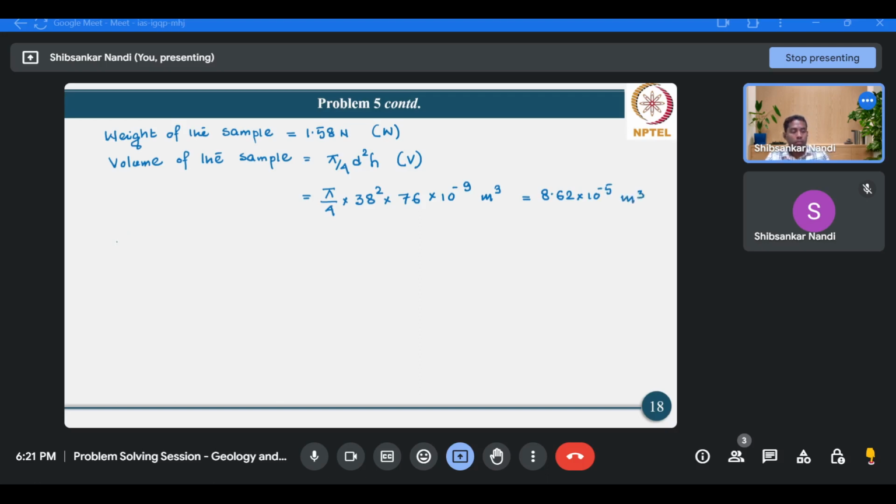Therefore the unit weight, obviously saturated unit weight, because the sample was tested under saturated condition, would be W by V, 1.58 Newton divided by 8.62 into 10 to the power minus 5 meter cube.